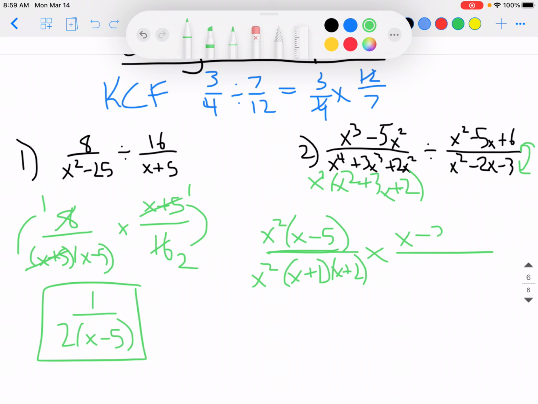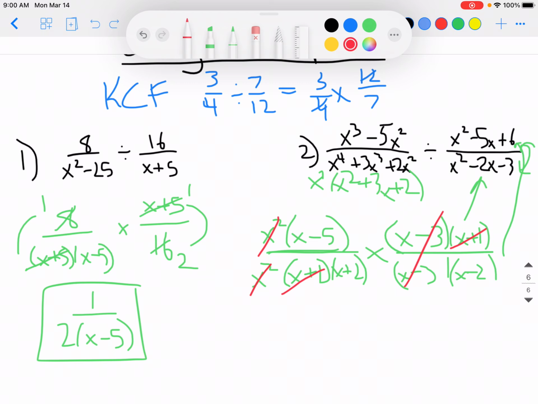So x minus 3, x plus 1, that's this one right here, and then I'll have x minus 3, x minus 2 for the original numerator. Now I've broken everything down to its factors. I can start canceling some stuff out. So x squared, goodbye. x plus 1, goodbye. x minus 3's, goodbye.